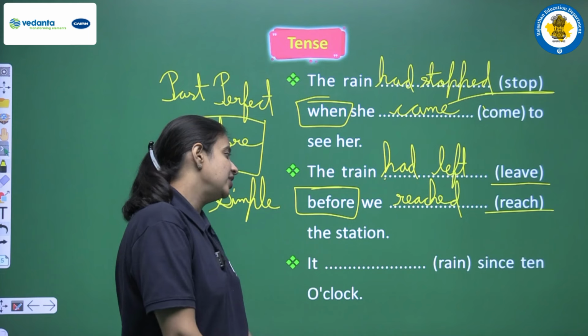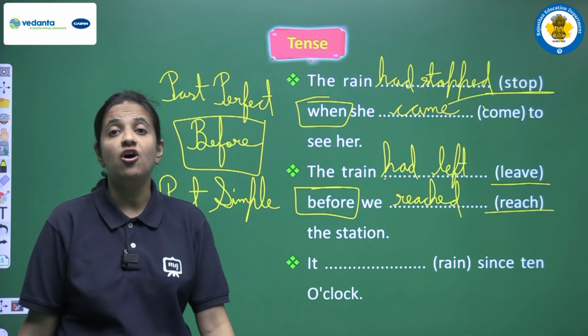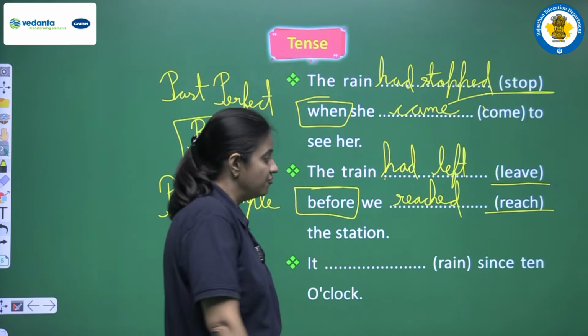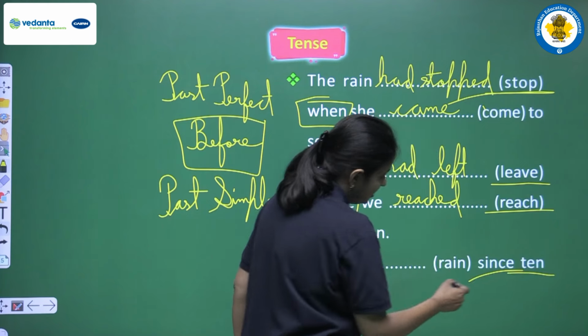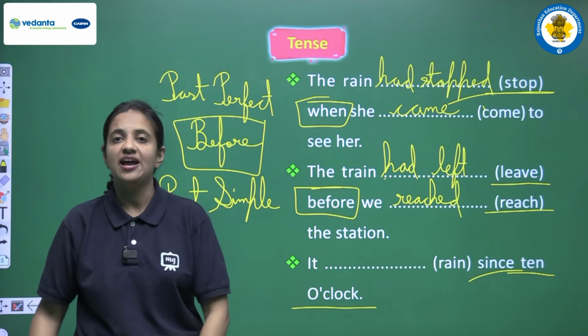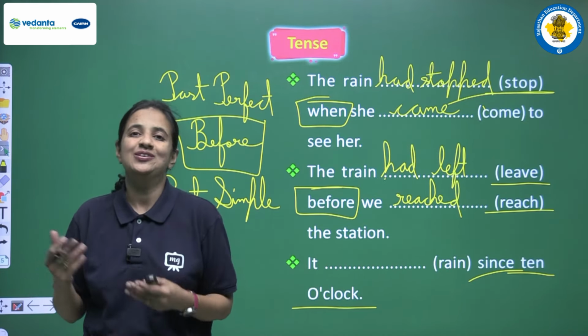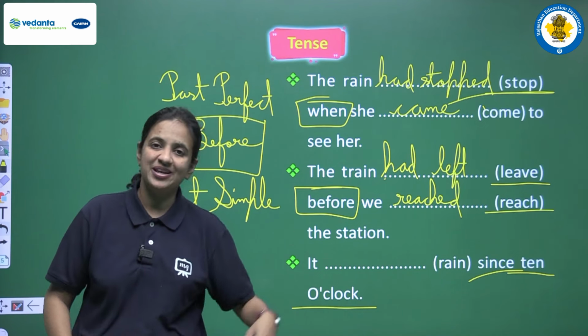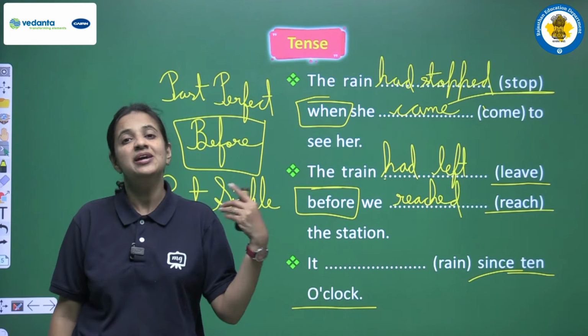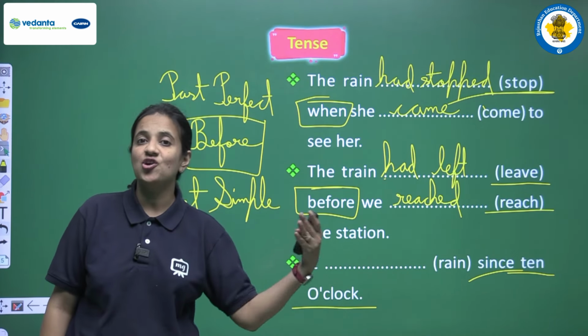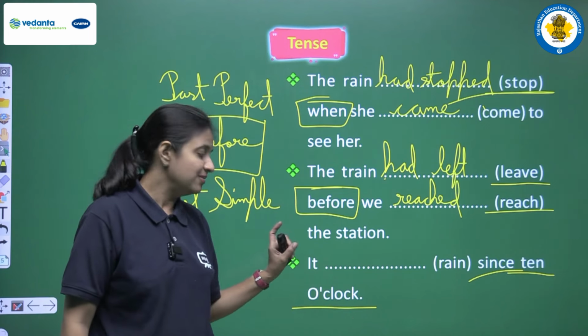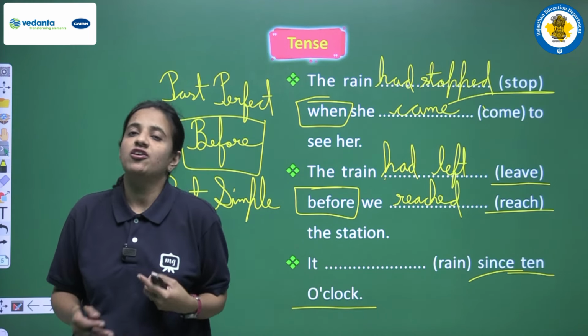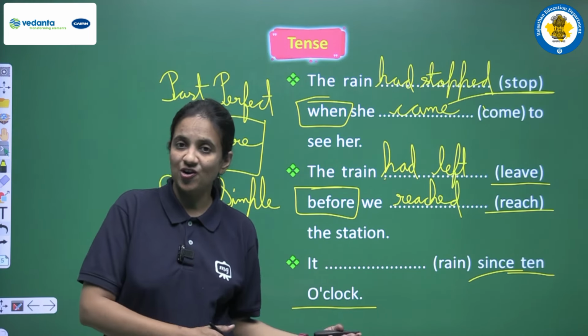Next sentence is: it rained since 10 o'clock. So in this sentence we are having since. After since we are having time. It means we are having since plus time. So now let's recall all the rules. Which tense have we studied with since plus time? Yes, this is present perfect continuous tense, and as a subject we are having it. So what are the helping verbs of present perfect continuous tense?